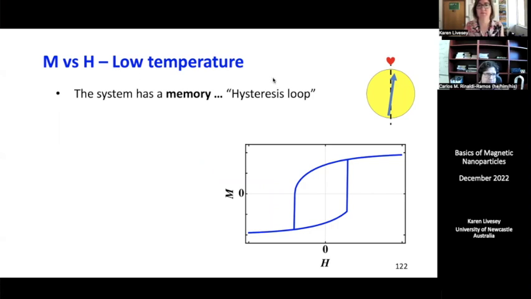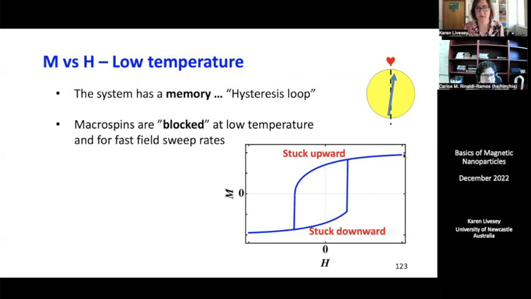And if you remember, at low temperature the magnetic dipole moment, the macrospin moment of a particle, is blocked. The macrospin moment gets stuck in an energy well due to the anisotropy. And this helps explain this plot here.